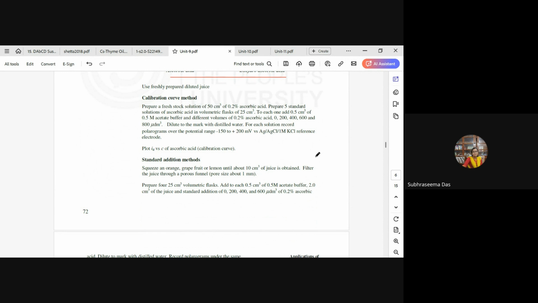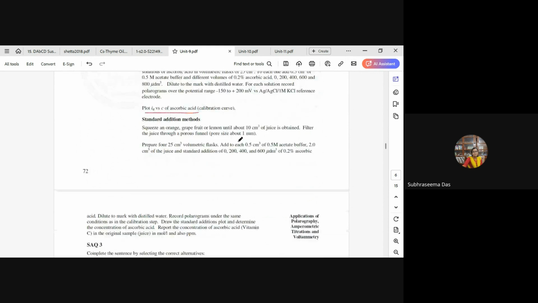We will then dilute, and for each solution, we will record the polarograms over the required potential range. When we plot the graph of the diffusion current versus the concentration of the ascorbic acid, we can find out the amount of ascorbic acid that is present in our sample.